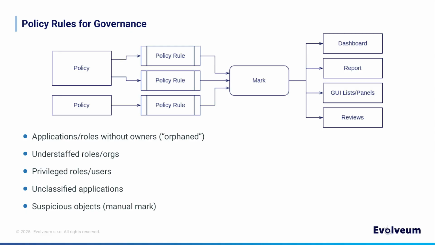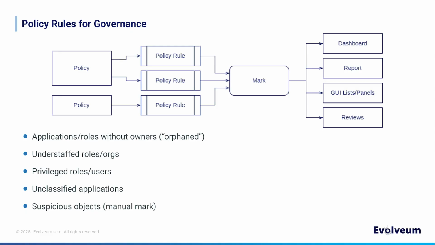Set the mark. And then the mark can be used in a variety of ways. It can be displayed on a dashboard, it can be used in reports, it can be used in search panels in the user interface, it can be used as a basis for reviews for certification campaigns. So there is one unified policy that sets the mark, and the mark is used by a number of reporting and activity features of MidPoint.